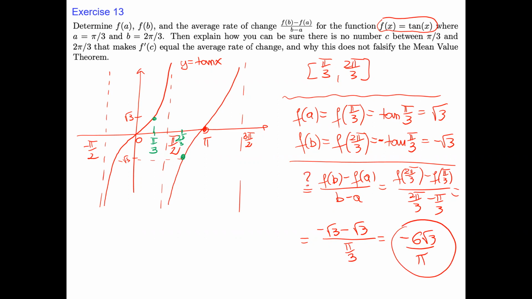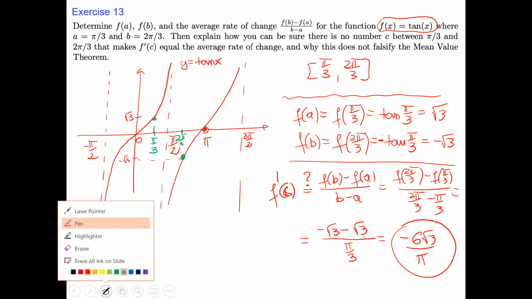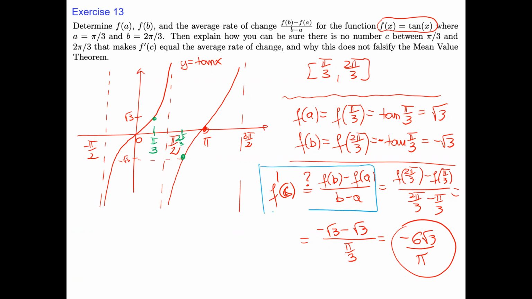And now the question was, this is supposed to be the derivative at some point, yeah? Because again, this is the mean value theorem. If we would like to contradict it, the derivative of tangent is secant squared of x, and secant squared of x is always positive.